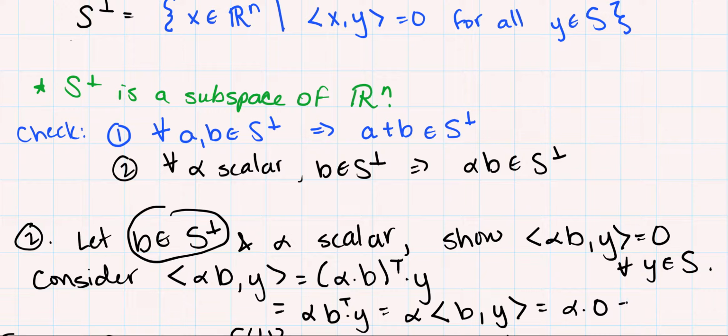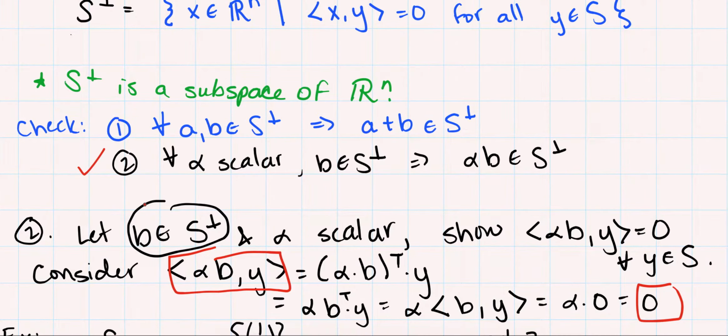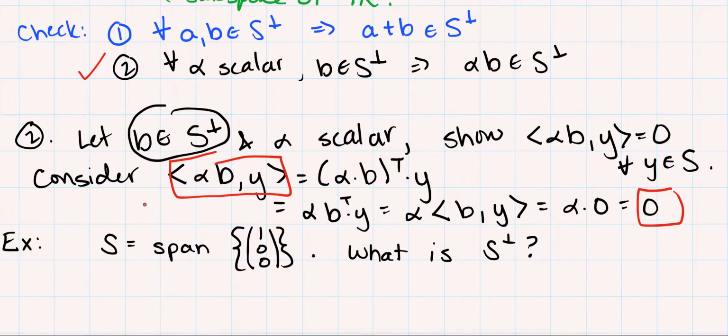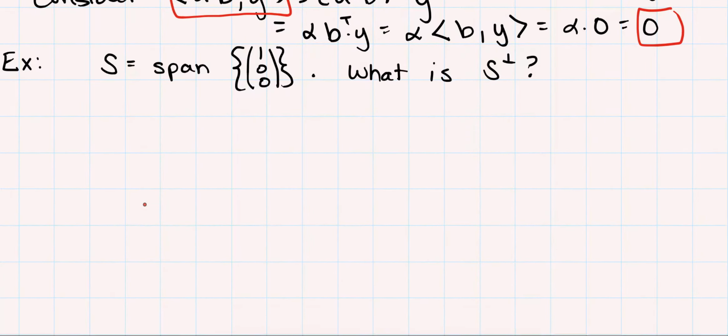So alpha times 0, which is 0, and now we've shown that the inner product of alpha times b with y is 0. So the second property holds. So S perp is a subspace of Rn. Let's look at a real example of this.